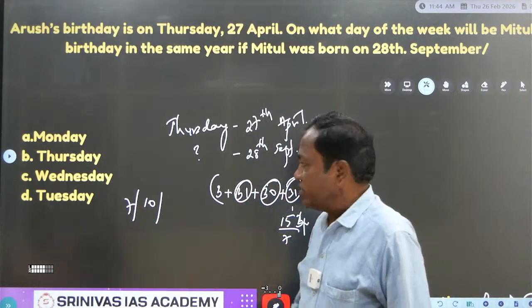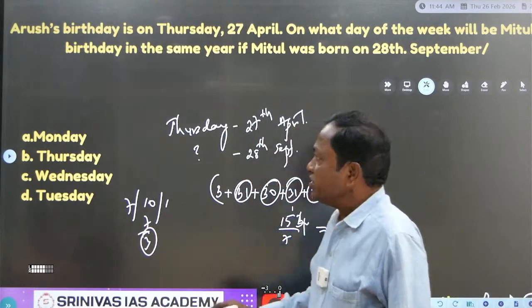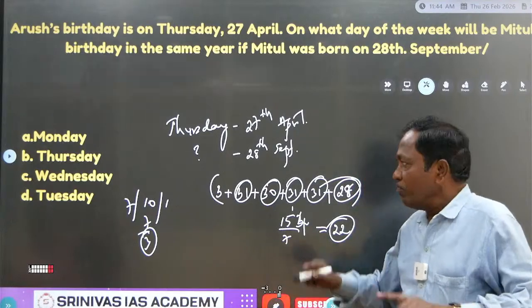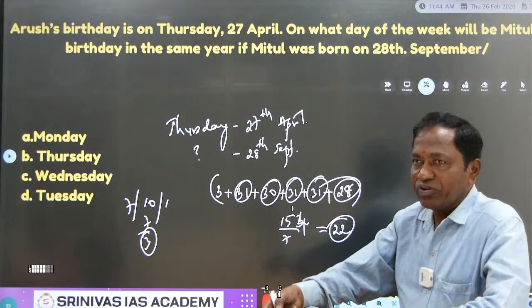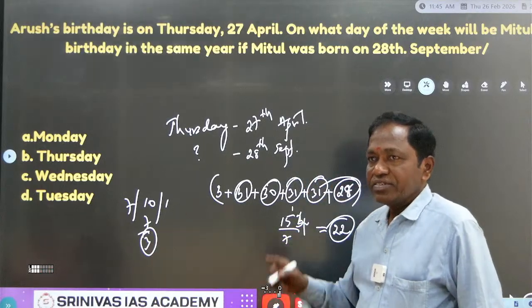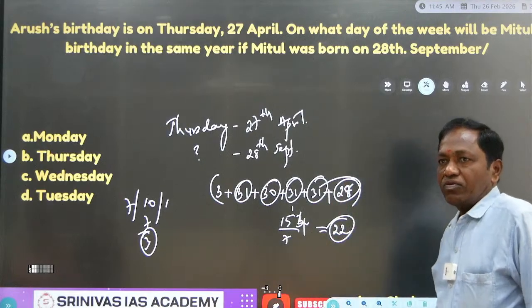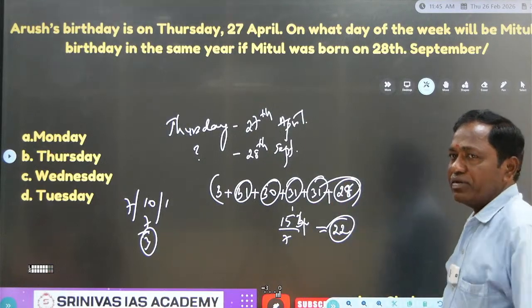Convert into weeks: 1 week and 3 days. 1 week from today, Thursday, is again Thursday. 3 days after Thursday: Friday, Saturday, Sunday. It's like that. 1 week means exactly the same day again.